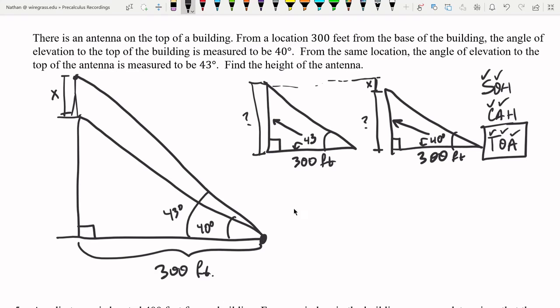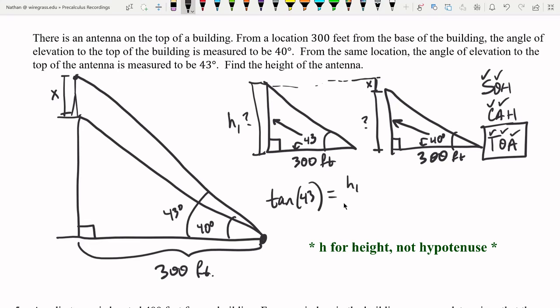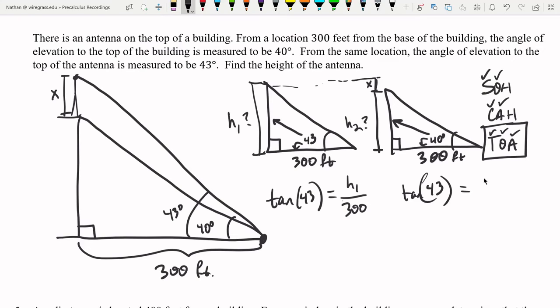Okay, so for this first one, I get tangent of 43 equals, TOA is opposite over adjacent. Opposite we don't know. I'll write this as, let's say, H1. Adjacent is 300 feet. And for this one, we have tangent of 40. I'll name this one H2. Opposite over adjacent.